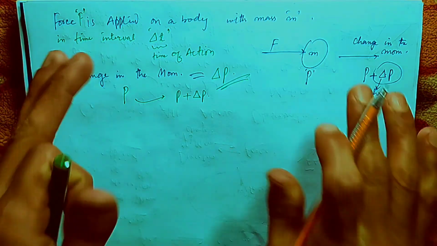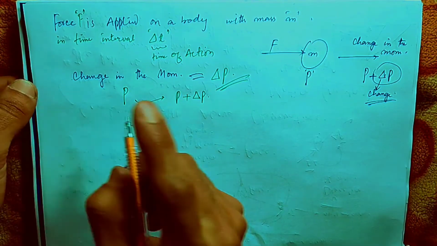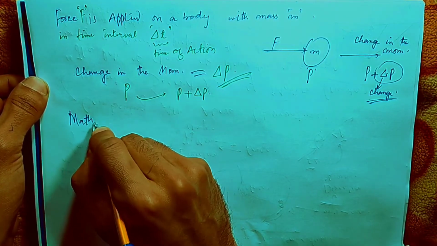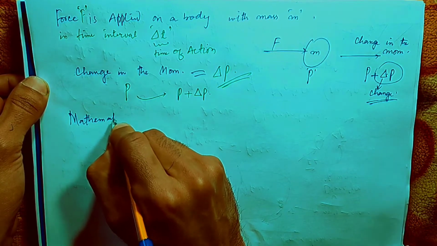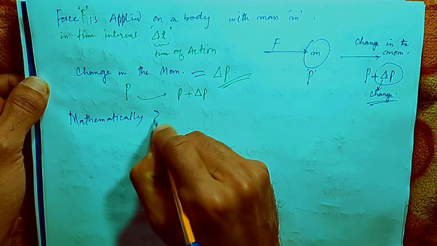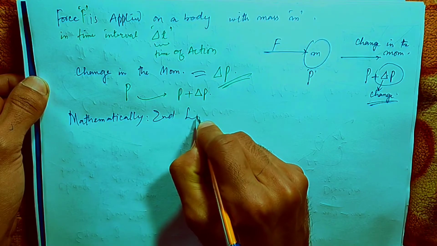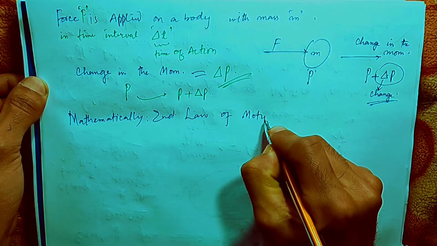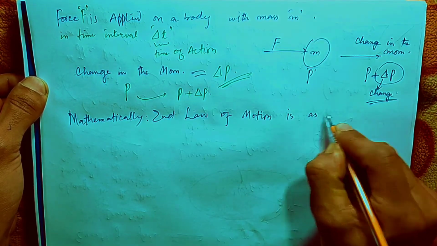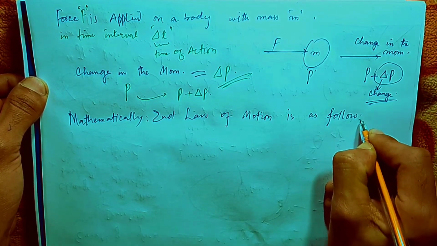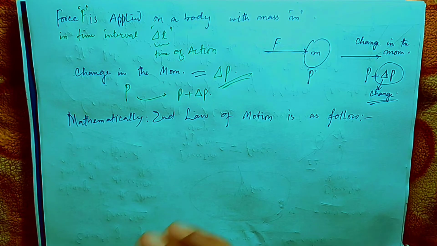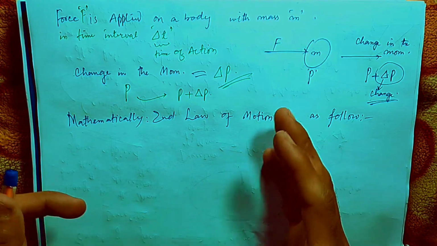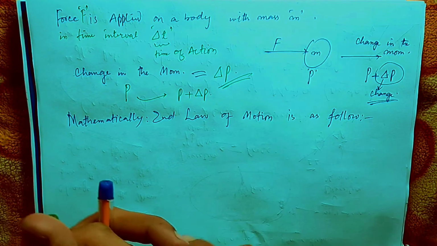Now what does the second law say? How can it be written mathematically? Mathematically, the second law of motion is as follows. We have said that the change in the momentum is directly proportional to the force applied onto the body.